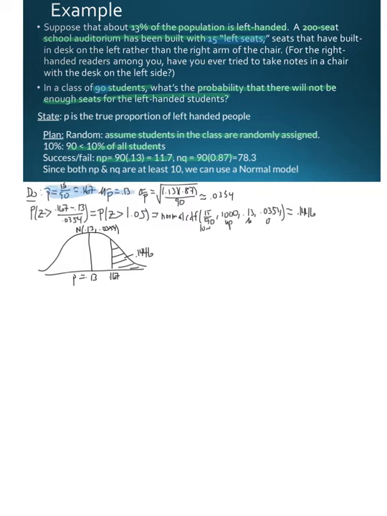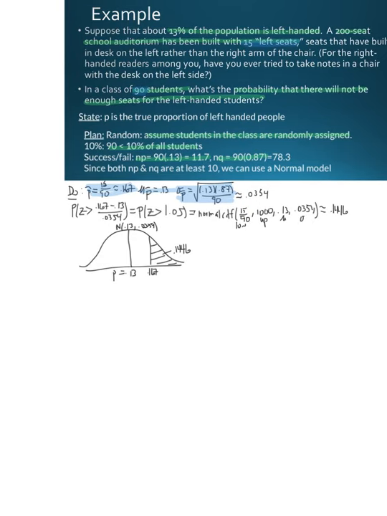Remember, your mean is going to be the same as the population proportion, 0.13. And your standard deviation is the square root of the probability of success times the probability of failure divided by your sample size. So we'll do the square root of 0.13 times 0.87 divided by 90. We do get approximately 0.354.